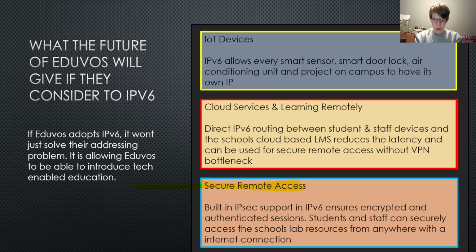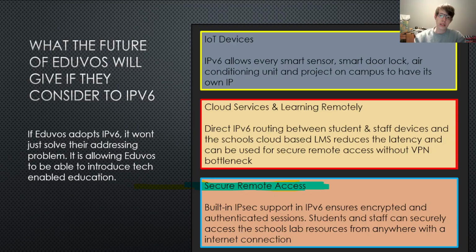Such as secure remote access, because the IPv6 support ensures encrypted and authenticated sessions. Students and staff can also securely, like I said, access the school's app resources from anywhere, as long as they have a valid internet connection.